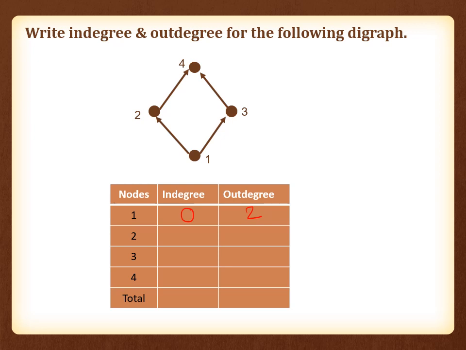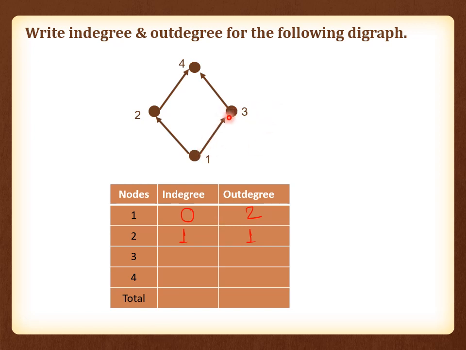Coming to vertex 2, there are two edges with node 2. One edge is coming to node 2 and the other is going out from node 2. That means in degree of node 2 is 1 and out degree is also 1. Similar is the case with vertex 3.